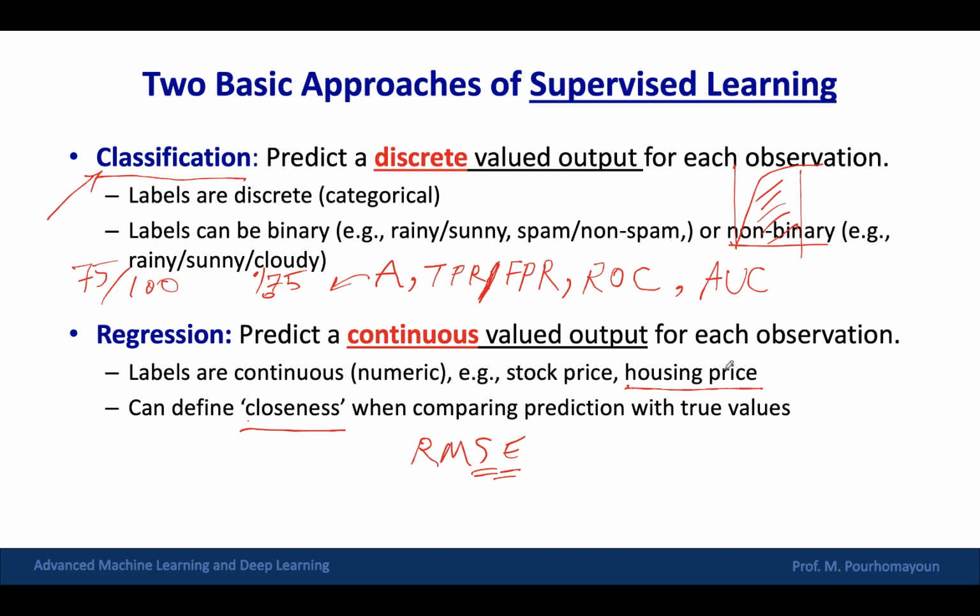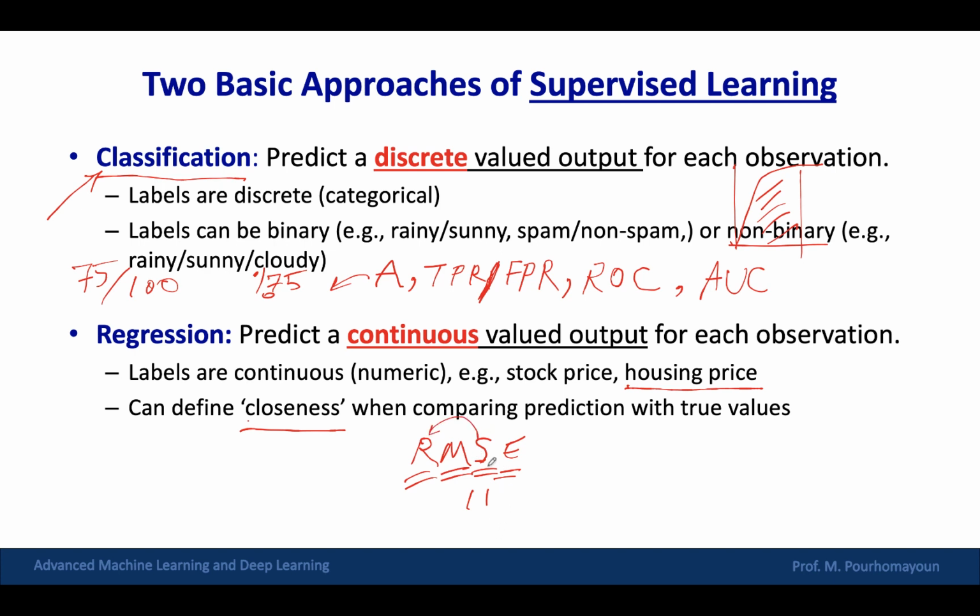Both of them are errors. If we add them up, they will cancel each other, because some are negative and some are positive. To avoid that, we square them first to make all of them positive, or take the absolute value in some cases, and then mean means average, and then a square root to return this back.